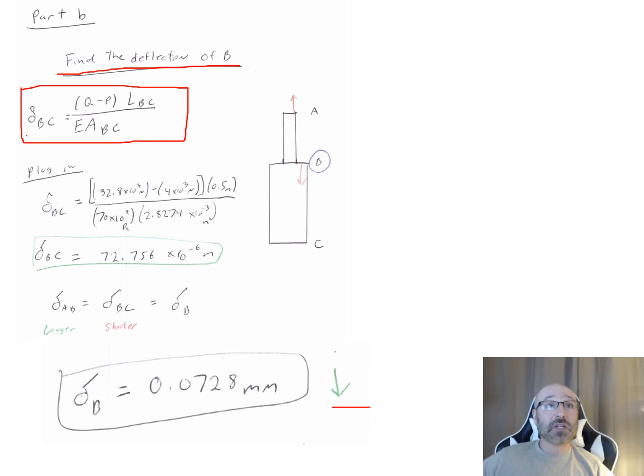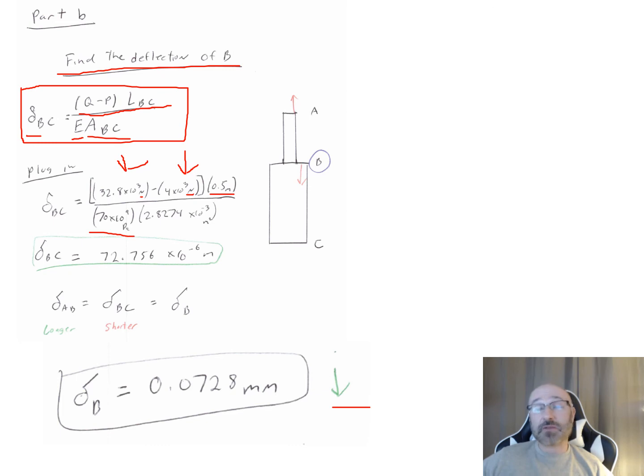So we know that the deflection of BC is equal to Q minus P times the length of BC, all over E times the area of BC. Now we can plug in. We now have a value for Q and a value for P, both in units of newtons. We know that the length of BC is given to us as 0.5 meters.